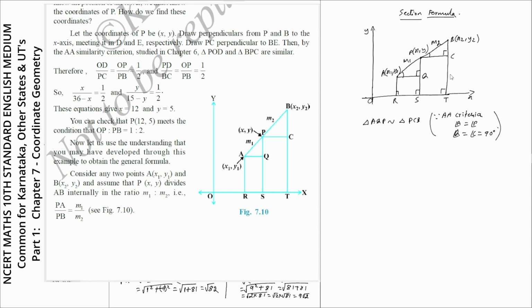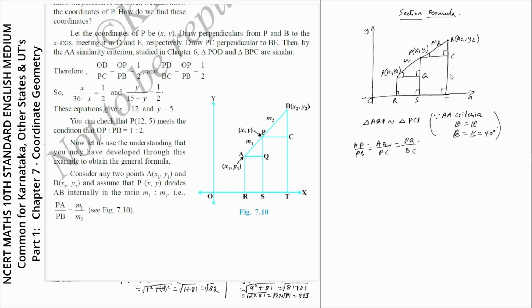Okay, so if triangles are similar, then their sides will be proportional, isn't it? Now what are the sides? AP by PB will be equal to AQ by PC will be equal to PQ by BC. Okay, now what is the length of AP?